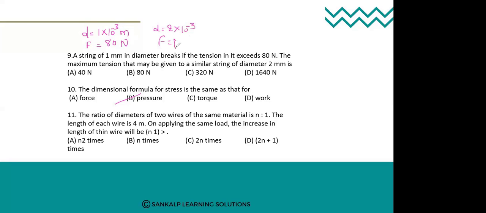Yes. So when the diameter is 1 into 10 raised to minus 3, that is 1 millimeter, the force is 80 Newton. If the diameter is doubled, how much force or tension can you give to the string? Yes, very simple answer.